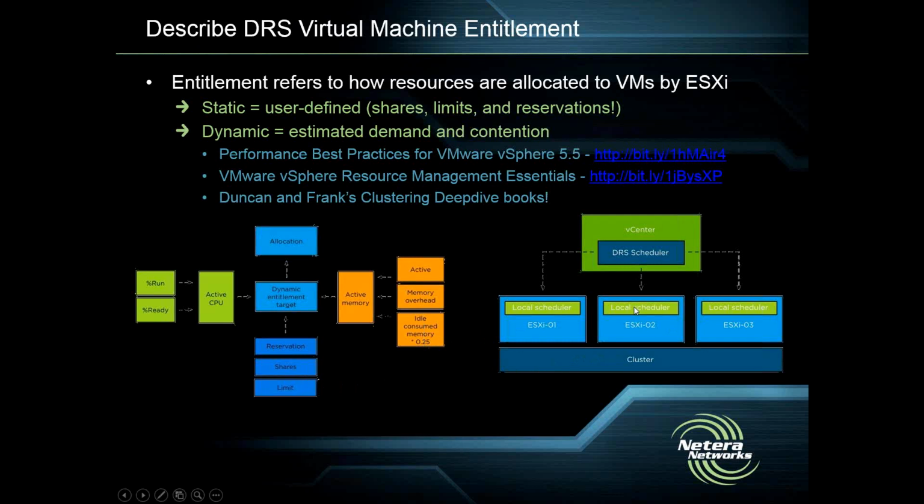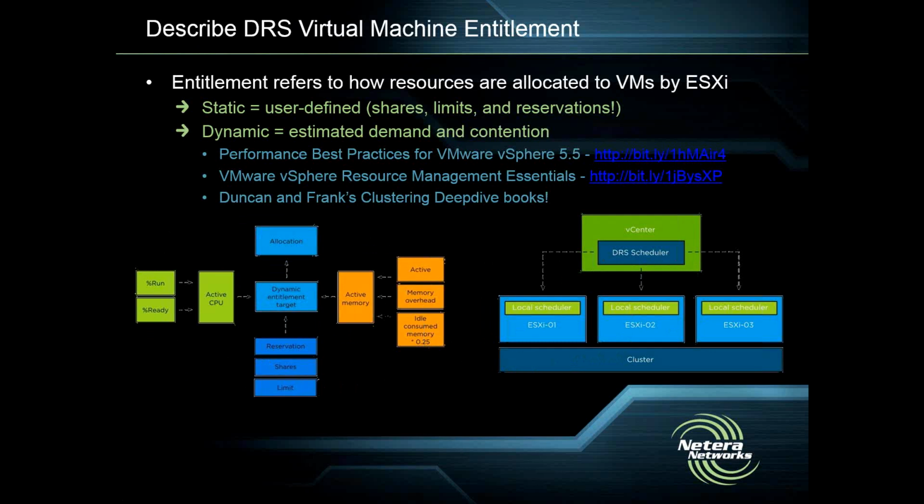The diagram to the right shows another important concept with DRS: while vCenter works with the hosts to make DRS happen, DRS scheduling and determining this dynamic entitlement target is a vCenter function. So you can't utilize DRS without vCenter, okay? This calculation is done on vCenter, calculating all these things across the cluster. DRS has to operate in a cluster, same with HA.